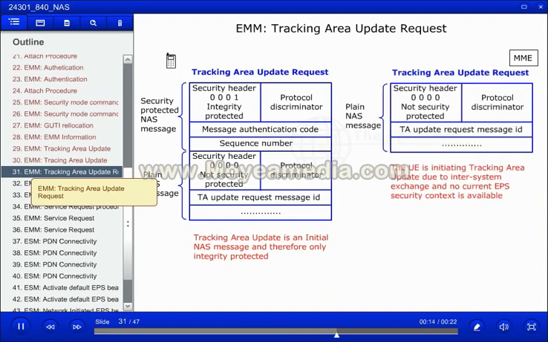When the UE wants to update its position due to inter-system exchange, no EPS security context exists in the LTE network. In that situation, the UE will send the tracking area update request message without any security protection.